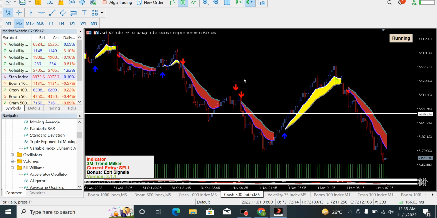There are some other things that you should also take note of before you start using this indicator. Number one, you should have the basic knowledge of how the forex market works. You should know your support and resistance zones. You should know more about price action.